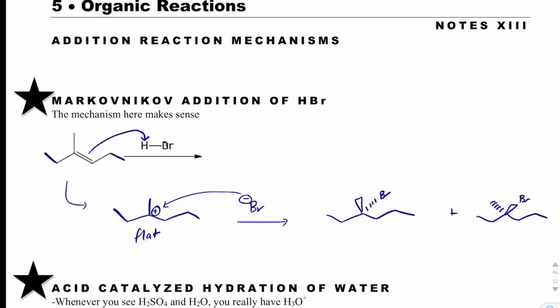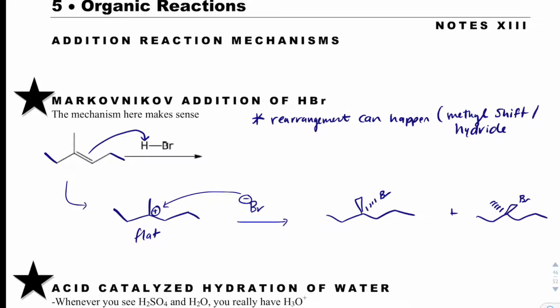Okay, so what you need to know for this type of reaction is rearrangement can happen. That it would be a methyl shift or a hydride shift. Those happen oftentimes. Not here because we were already on a tertiary and there was no way to make it better.